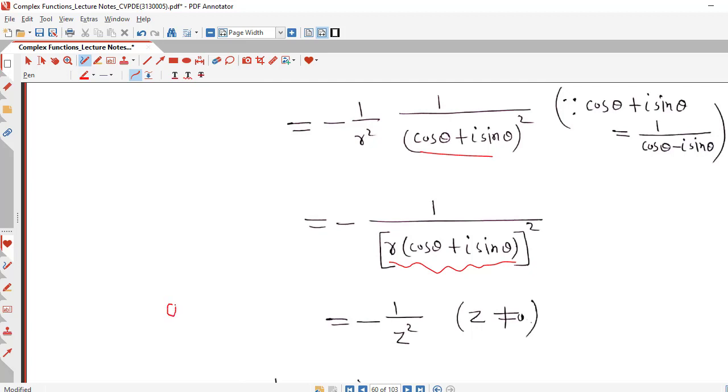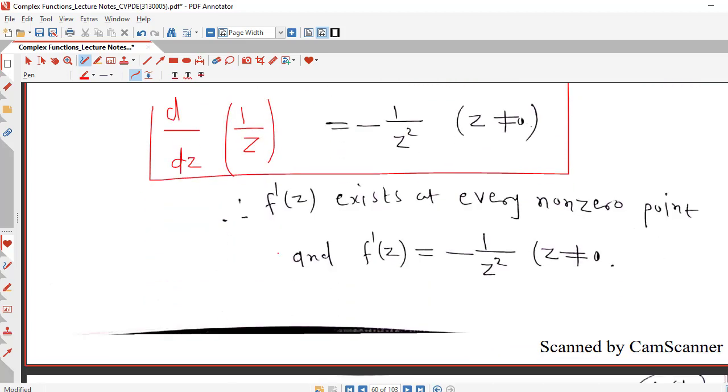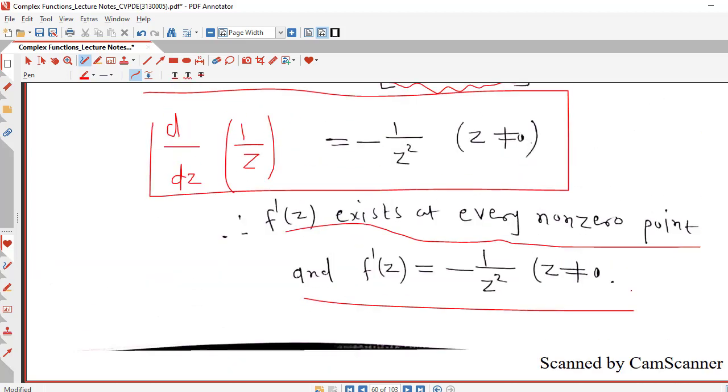So what we have shown is the function 1 by z is differentiable at every non-zero point and its derivative is minus 1 by z square at every non-zero point.